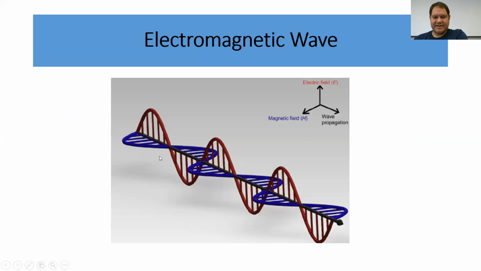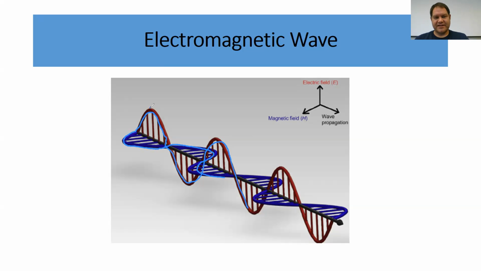Here's another look at it. This is not in your notes, but you can kind of see the idea. You have the electrical field going up and down like this in the red, and then the blue is going to be your magnetic wave. And again, they're just traveling perpendicular to one another.